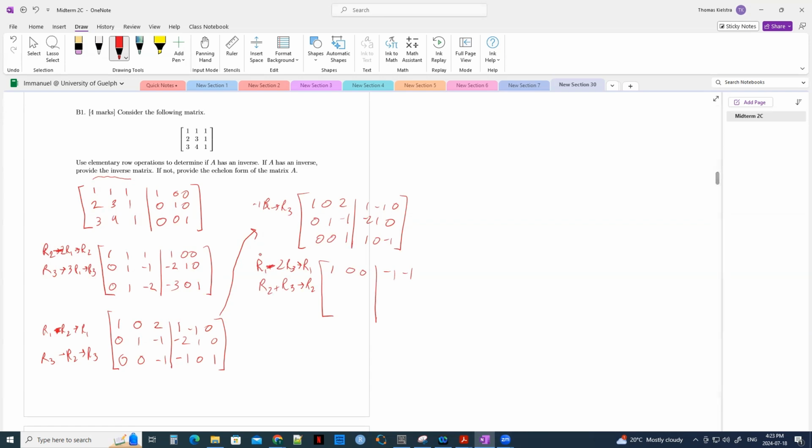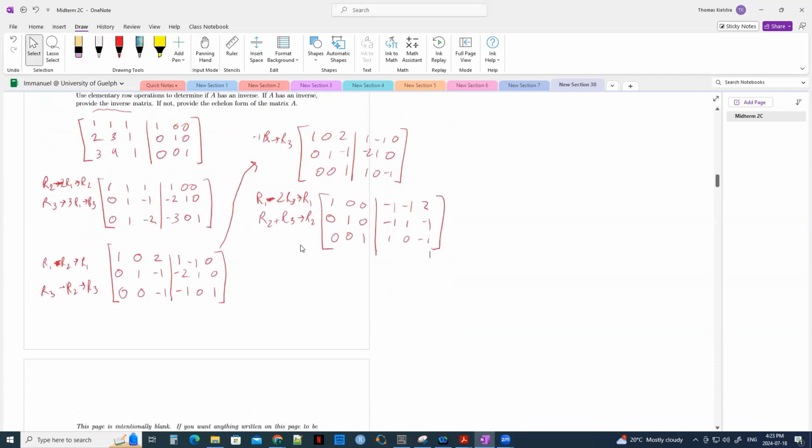I subtracted 2, so this is going to be minus 1, minus 1, 2. And now 0, 1, 0, minus 1, 1, minus 1, and 0, 0, 1, 1, 0, minus 1.